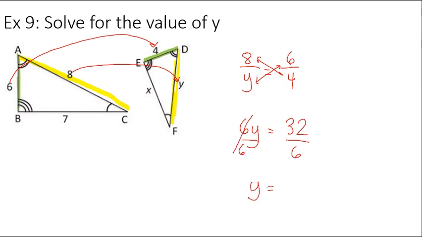And I get y equals 32 over 6. I'm going to divide both of them by 2. So 32 divided by 2 is 16. 6 divided by 2 is 3. So my answer here is y equals 16 over 3.